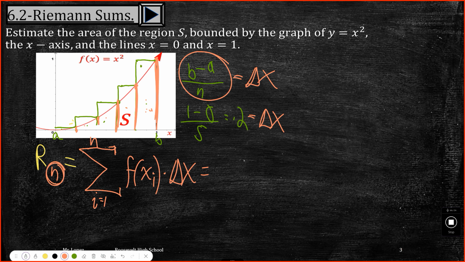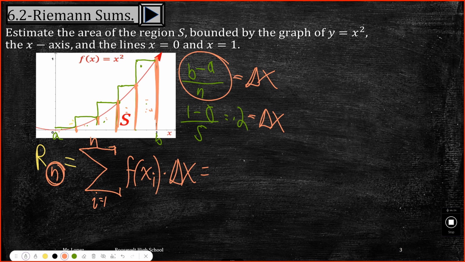It could be 5, it could be 10, it could be 100, it could be 1,000. n is arbitrary to how exact you want to be. And then the base times the height, and the summation of these things. That's what this means.